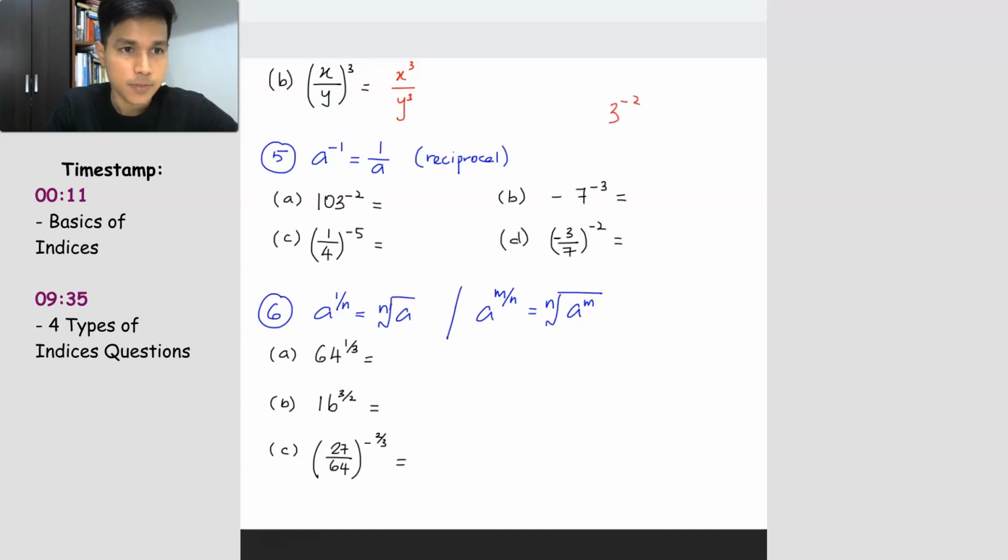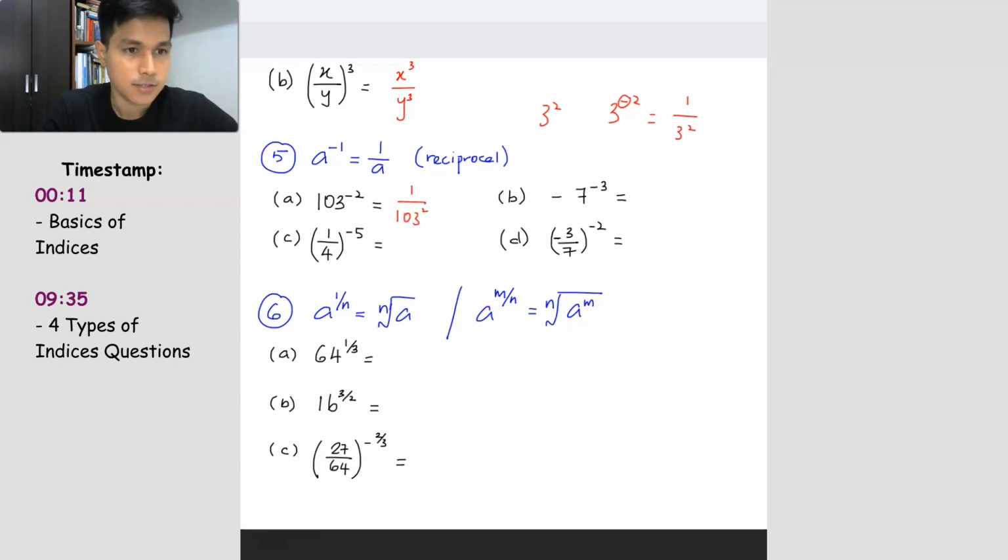The original number is actually 3 square, but because there's a negative, you bring the 3 square to the bottom. It becomes the denominator. It's that simple. Let's go through some examples. 103 power negative 2, you get 1 over 103 square. The negative just brings it down.